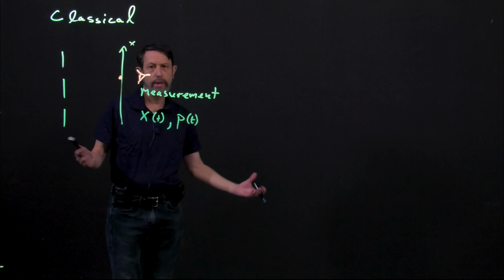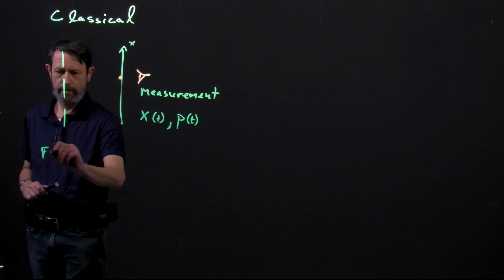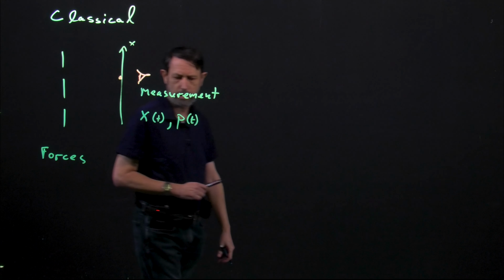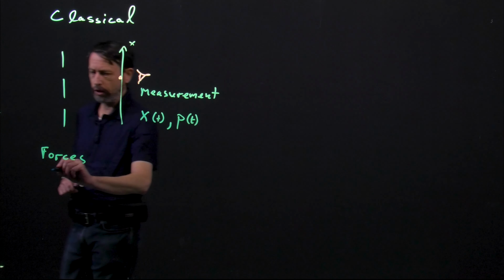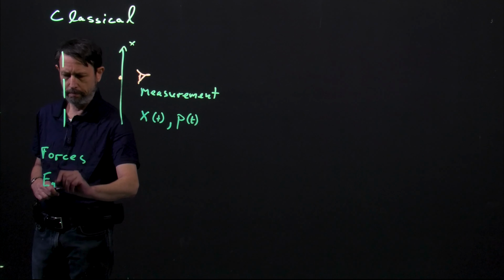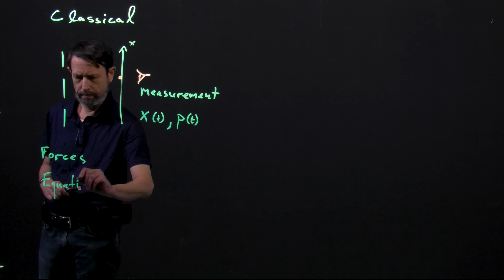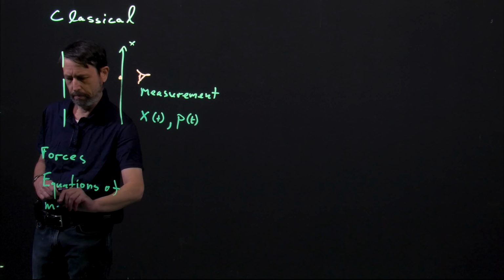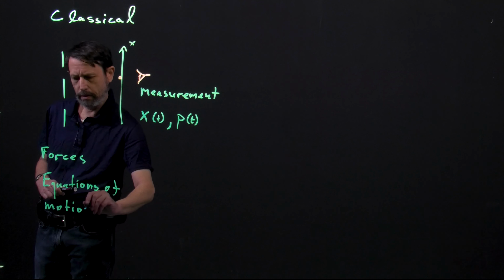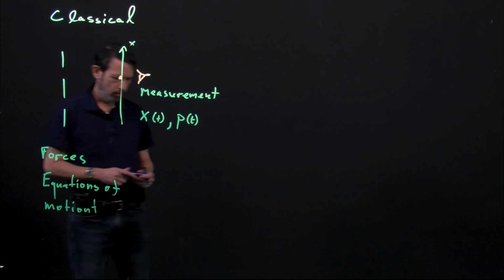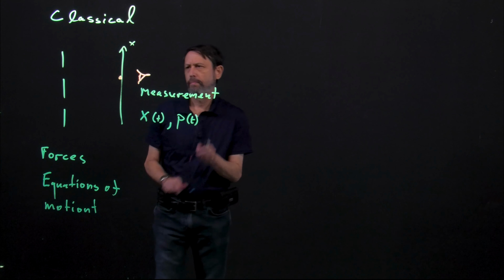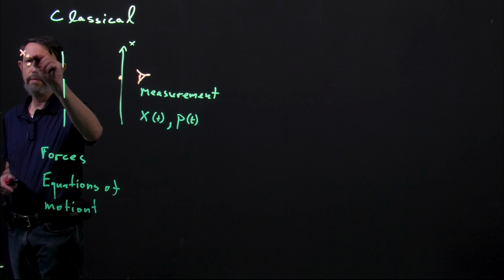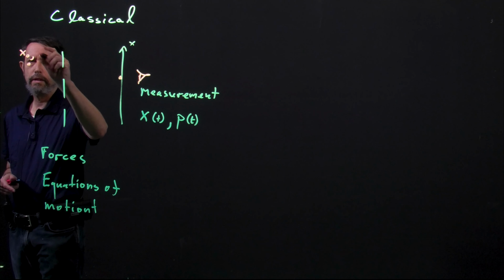Now, if we know the forces acting on this electron during its trajectory, we can write down equations of motion and work out what trajectory this electron took from its initial start, say at position x0 and p0.